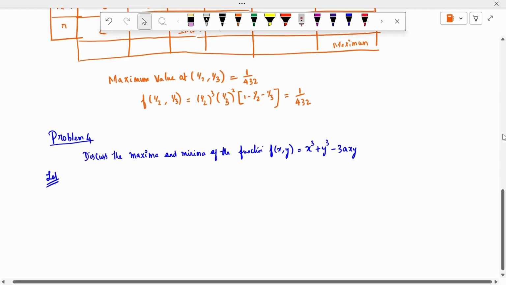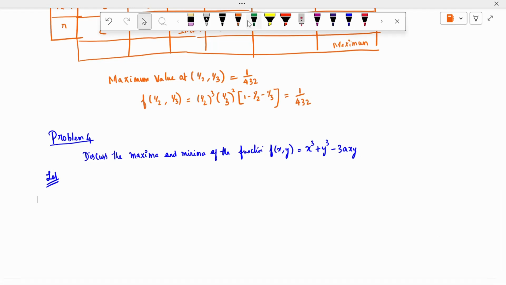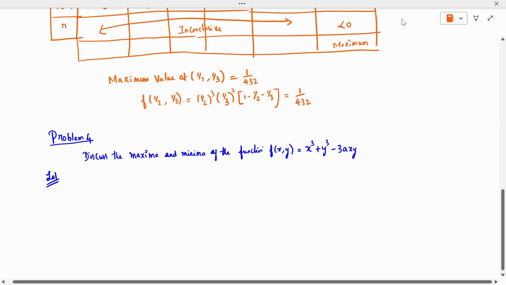Now the question has been given like this, so first step we need to find fx, with respect to x. So 3x squared minus 3ay equal to 0. Fy, so 3y squared minus 3ax equal to 0.